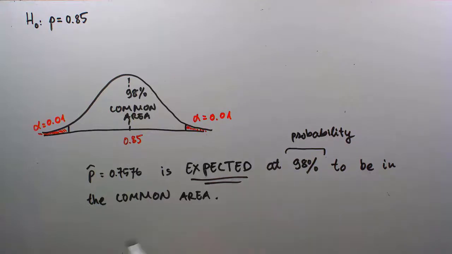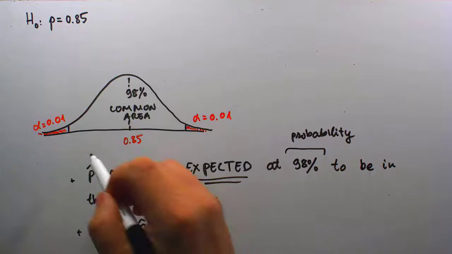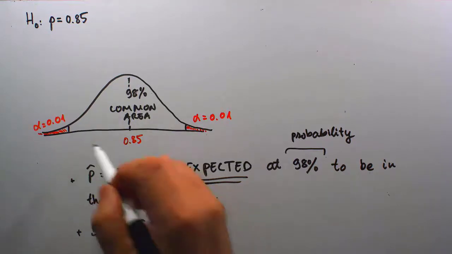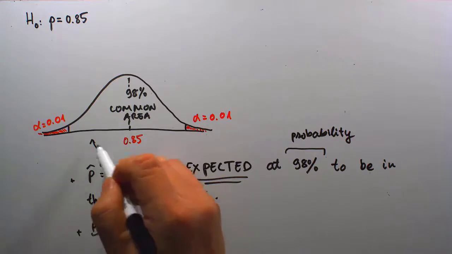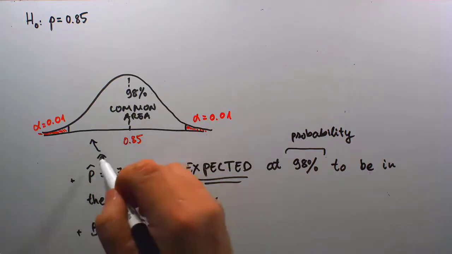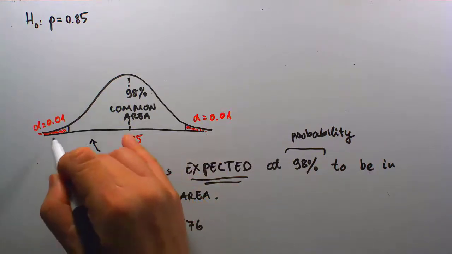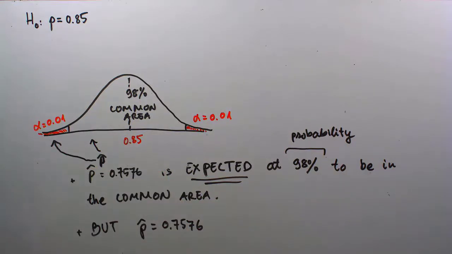But here's the problem. The p hat that we picked up quite randomly, quite easily, is for sure to the left-hand side of the claim value, and it indeed did fall into the unlikely area.